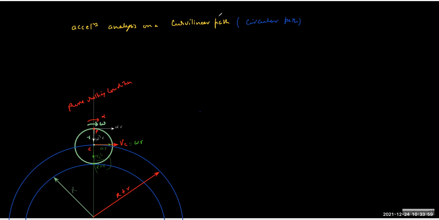So the acceleration of the point P will have two values: alpha r i cap and omega square r minus j cap because of the center of mass frame. And the center of mass itself will have alpha r i cap and Vc square by r plus r minus j cap. And now you can just substitute the values.